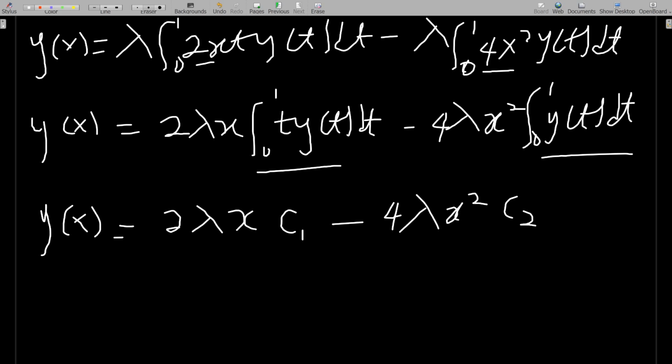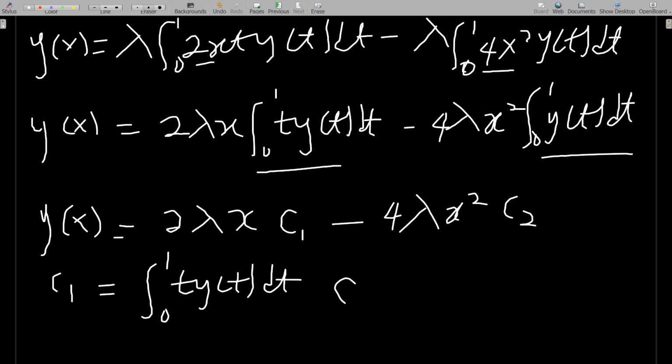Alright, so with this one, we definitely want to say that our c1 is equal to integral from 0 to 1 of t y of t dt, and our c2 is equal to integral from 0 to 1 of y of t dt, right? That is it. Then since we know y of x, we can also find our y of t.